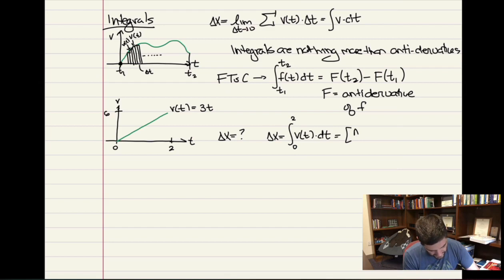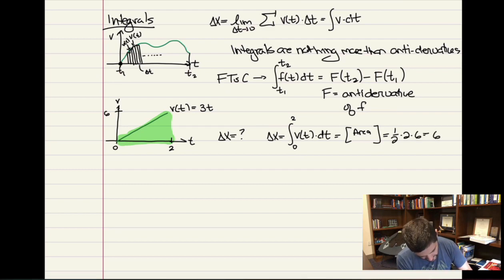One way to do it is think of it geometrically and just calculate the area underneath, which if you look at this looks very much like a triangle that has some height 6, some base length of 2. So I would say the area in this case is 1/2 the base times the height, or in this case I would get something like 6 meters if we're using SI units.